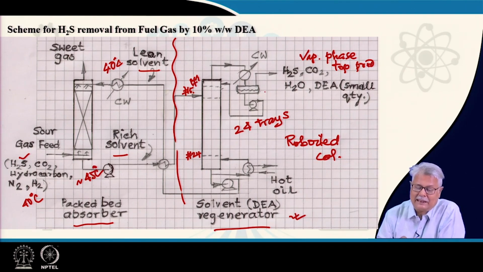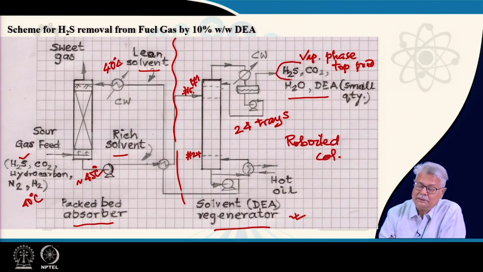Now, the question still to be answered is why is the feed on number 5? Ideally the top product would have been the H2S and CO2 only, but what is refluxed here is primarily H2O.